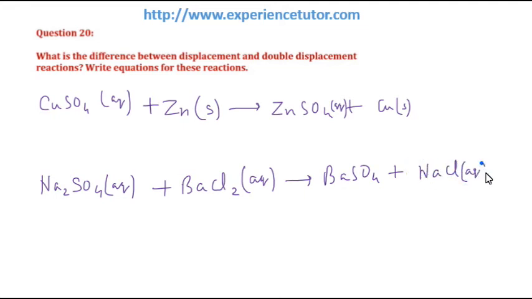This is aqueous and this is aqueous. In this case, both Na and Ba are displaced from sulfate and chloride.